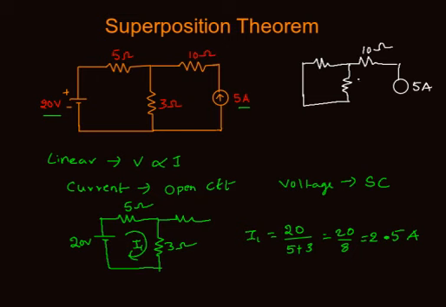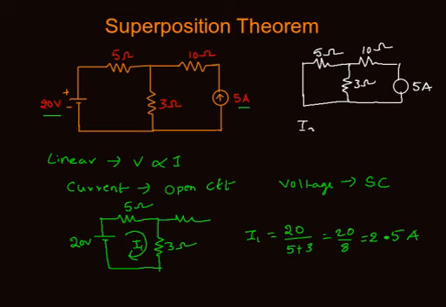Now to find the current at 3 ohms, the simple funda is to use the current divide rule.